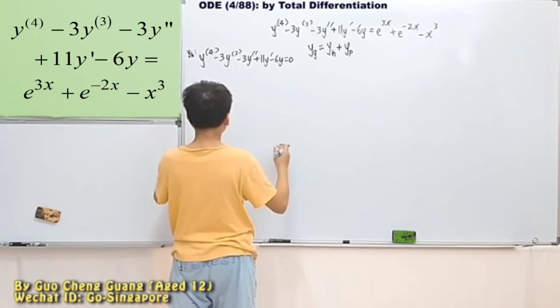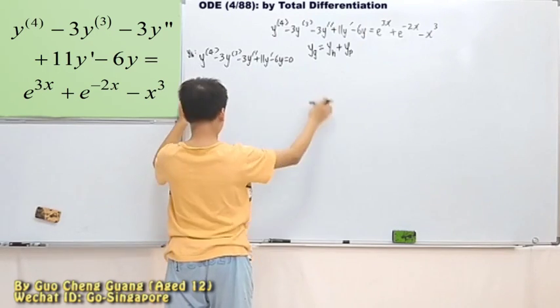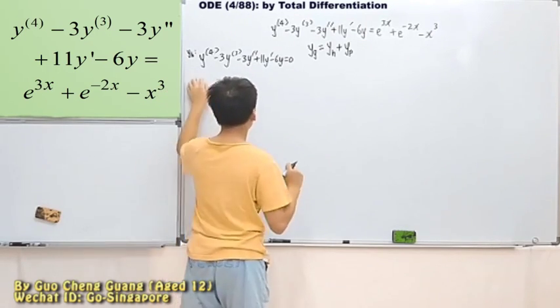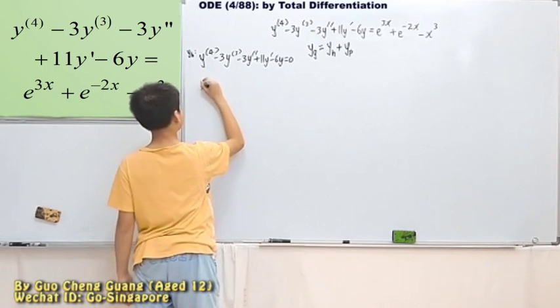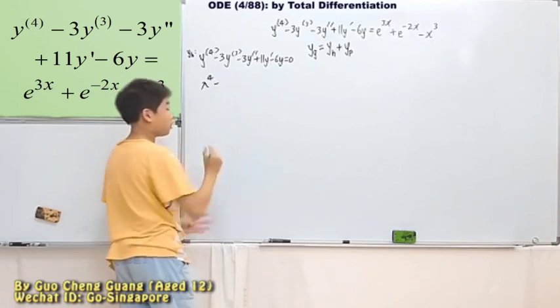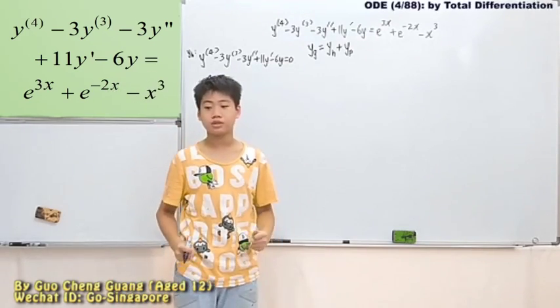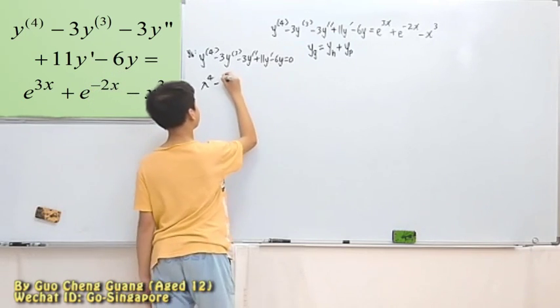You can choose to write out the whole thing, or you can straight away write it as lambda, for example lambda to the power of 4. As we have used this many times, if you want it to be short, you can just write it like this.